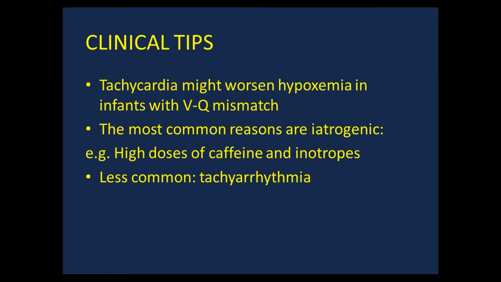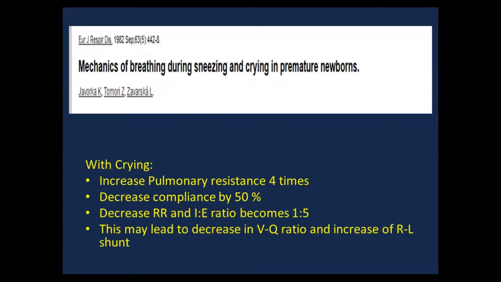If you have significant beta stimulation through dopamine or epinephrine, and the hemodynamics are stable, then you have to start weaning the inotropes to improve the transition time and to decrease the impact of tachycardia on worsening of hypoxemia. Less common causes include tachyarrhythmia.